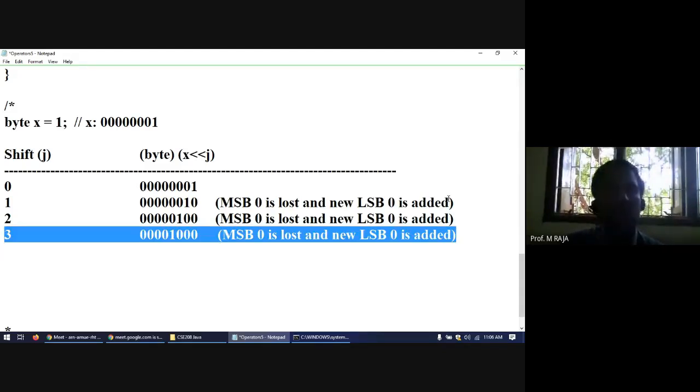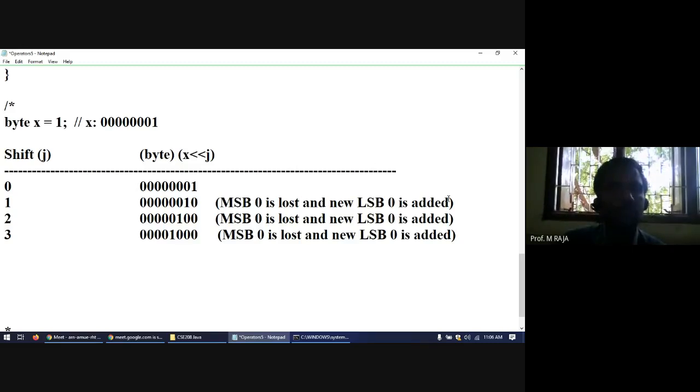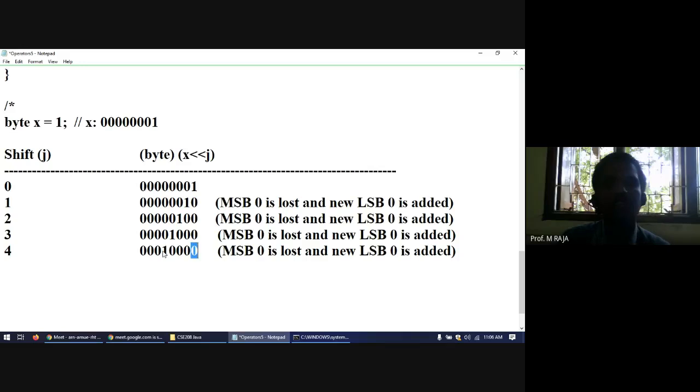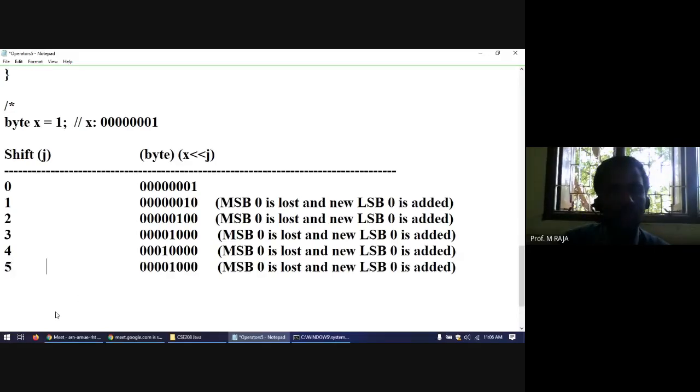Next stage, shift number 4. In shift number 4, what happens? This 1 is moved to the next bit position. This is 0. New LSB 0 is added. Next stage, shift number 5. In the 5th shift, this 1 is moved to this position. New LSB 0 is added.